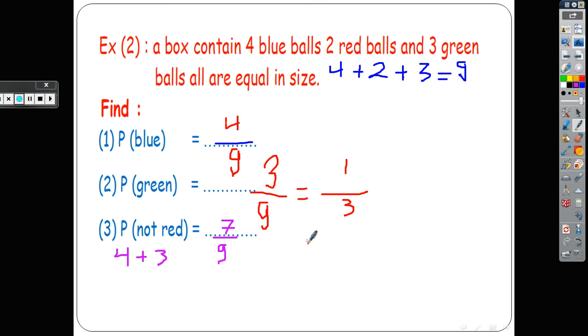Now you can solve it by another method. I want the probability of not red. You say 1 minus the probability of red. It's another method.